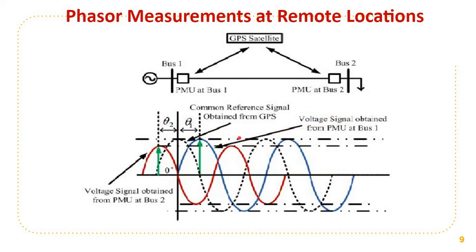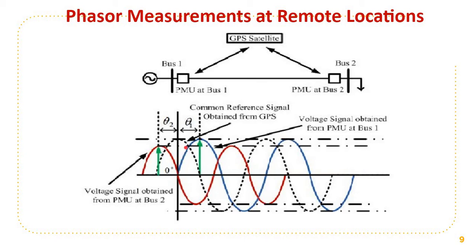Here you can see two PMUs located geographically far away. You can see this PMU at bus 1 and another PMU at bus 2, and both these PMUs are connected to GPS satellites. The red waveform and the blue waveform are the signals from the two PMUs.